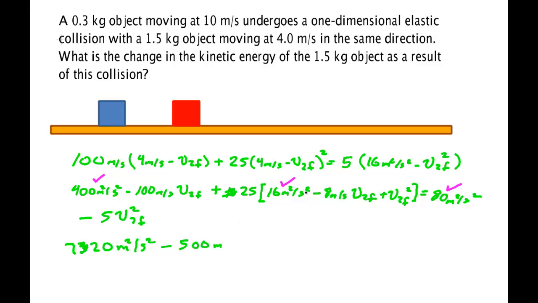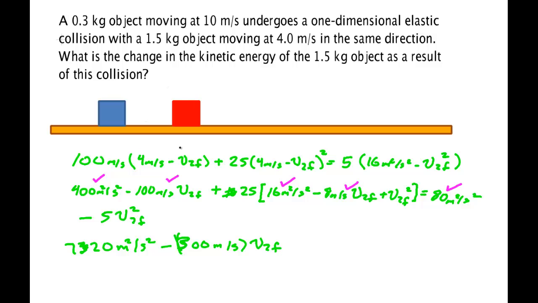Now let's see if I didn't do that right. 8 times 25, that's 200, so minus 300. Alright, that looks better. V2F. So let me mark those as well. We've done this one, and we've done that one.